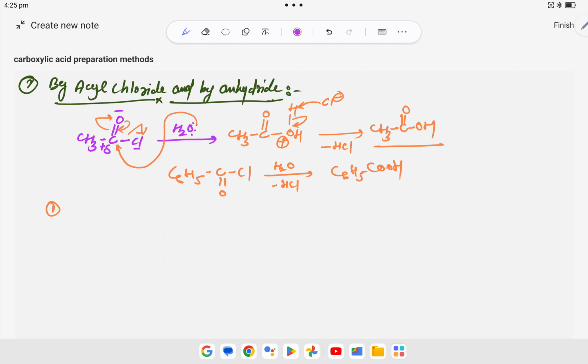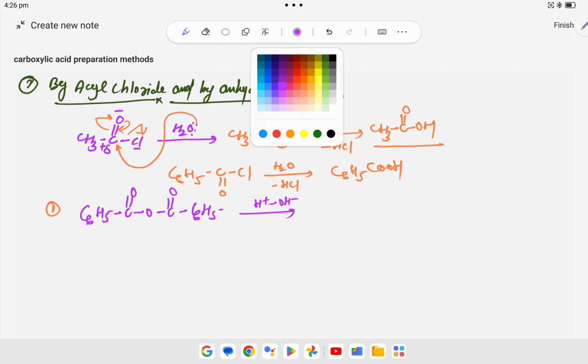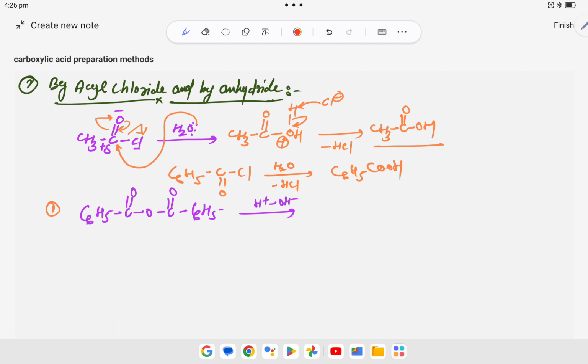In the case of anhydride, what happened? C6H5 C double bond O, O, C double bond O, C6H5. Same process, H plus OH minus. Suppose this carbon is the positive center, this also can work, okay, and this oxygen is negative, so H plus will attach with the negative, this, and OH minus will attach with this.